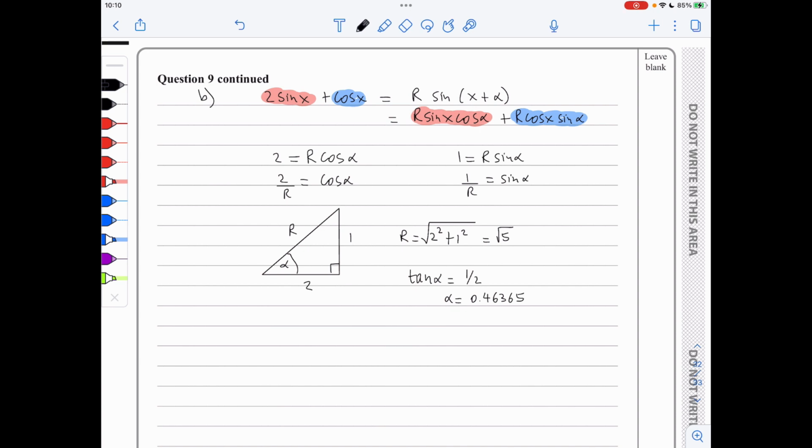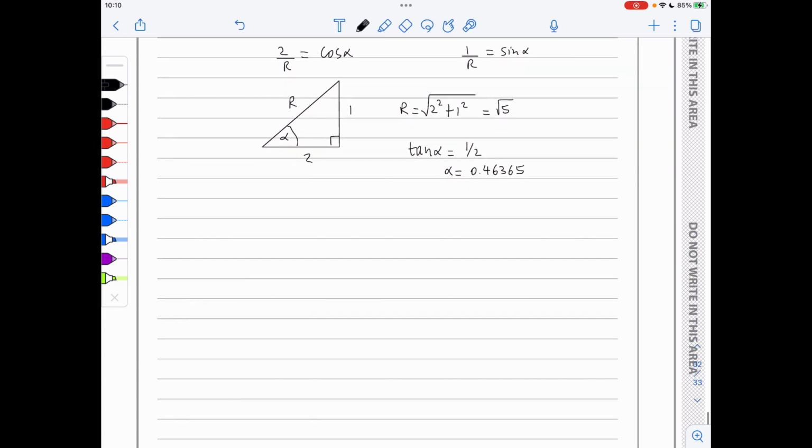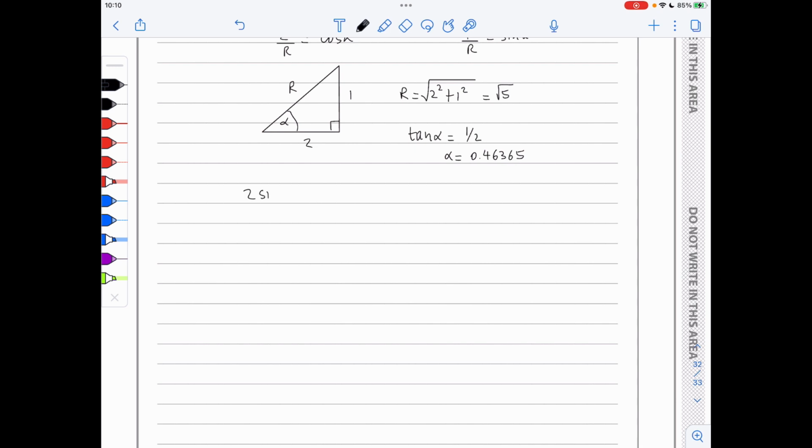We are in radian mode. So we conclude that 2 sine x plus cos x is root 5 sine of x plus 0.46365, and this is equal to negative 2.